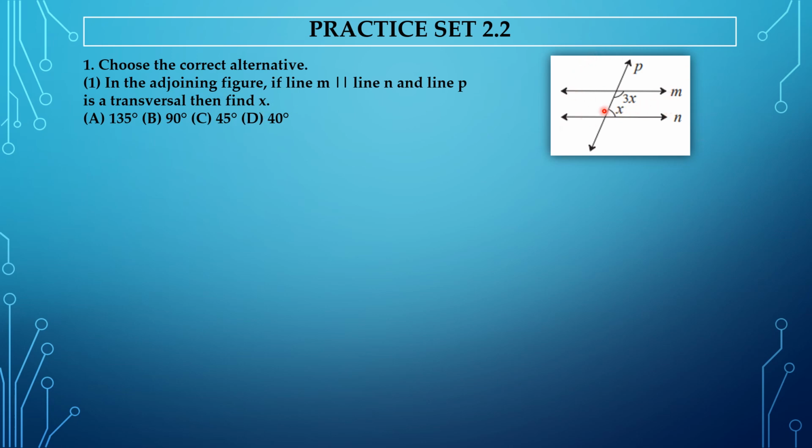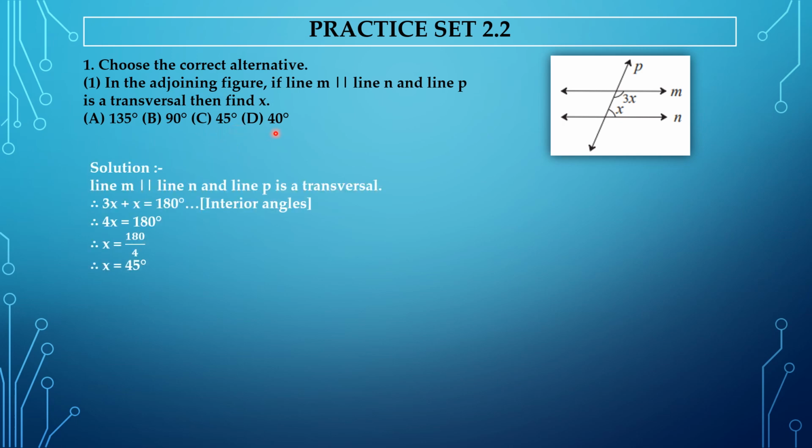Line M is parallel to line N and line P is the transversal. Here in this figure 3x is here and this x degree is here. Can you see what both of these form? They are both interior angles. Now you have to find the value of x. The options given are 135, 90, 45 and 40.